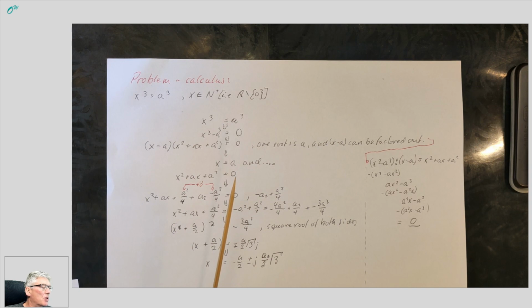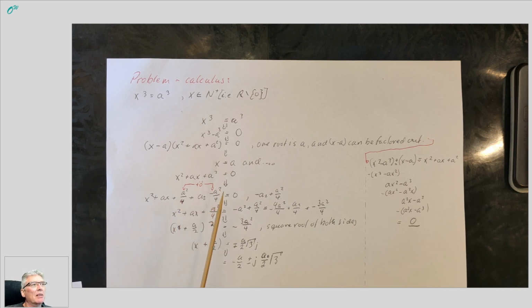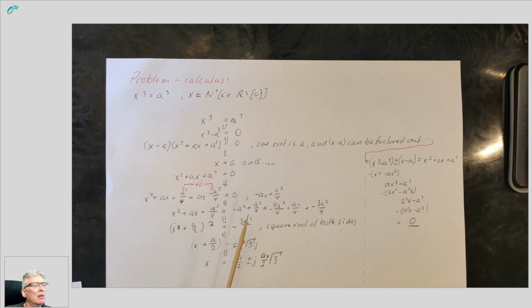And you could use the formula that you have. But what we can do here is a little trick. We just add 0, so we add a squared over 4 and subtract it on the left-hand side. And then also we add on each side minus a squared plus a squared over 4, and then we cancel out these two here. Okay, and then we are left with this one here.